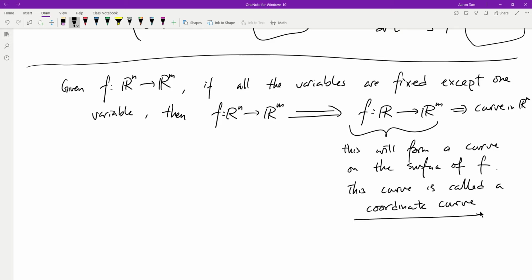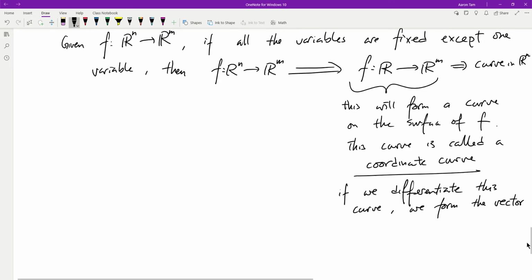And so if I do have this coordinate curve, and now I'm going to take the derivative of this thing, which is essentially what our vector partial derivative is. So if we differentiate this curve, we form the vector partial derivative.